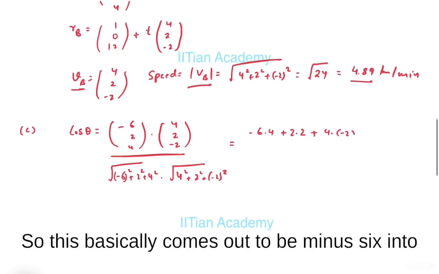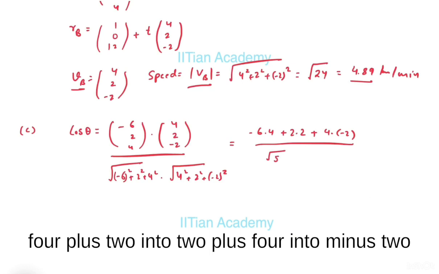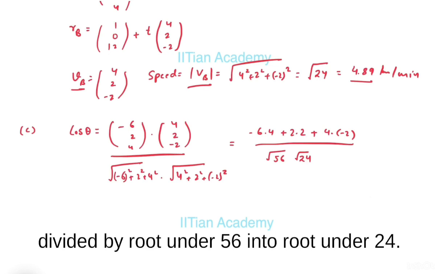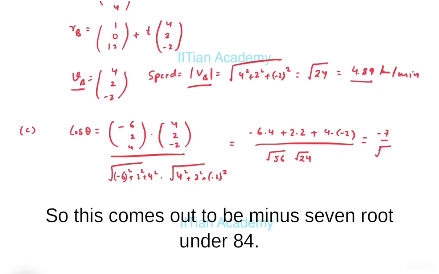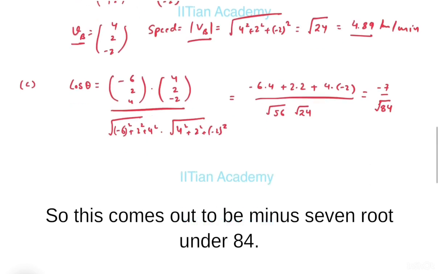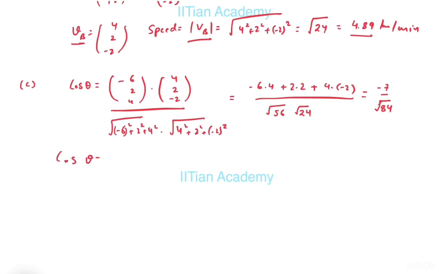So this basically comes out to be (-6 times 4 plus 2 times 2 plus 4 times -2) divided by root 56 times root 24. So this comes out to be minus 7 by root 84.